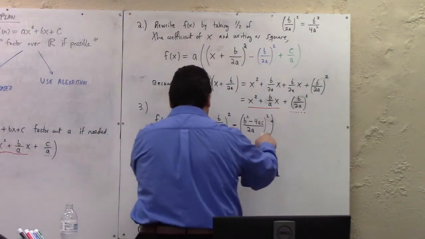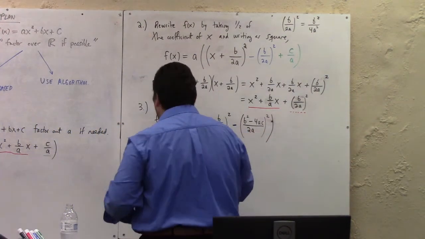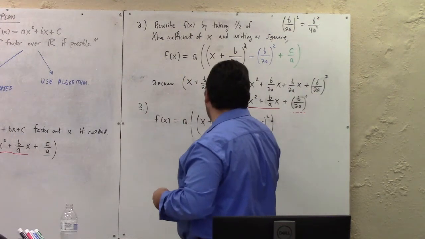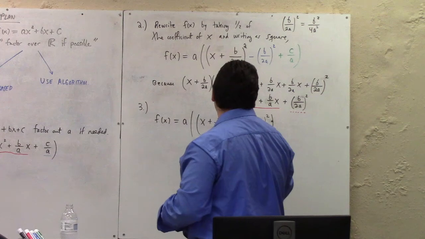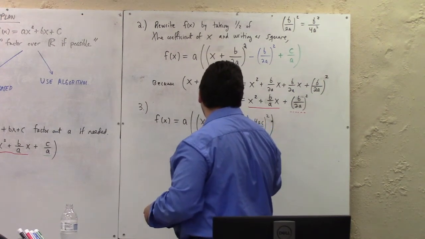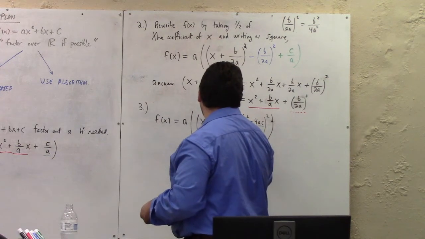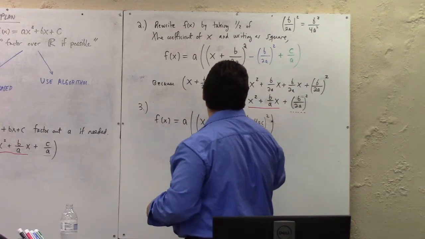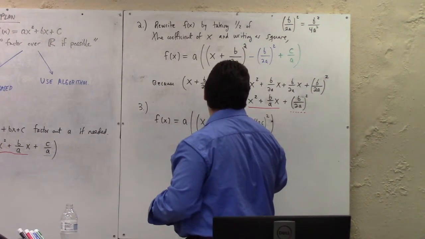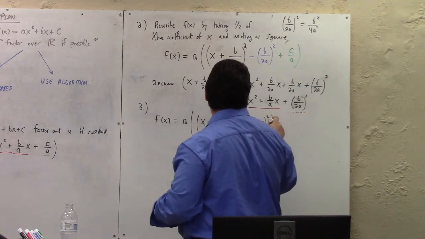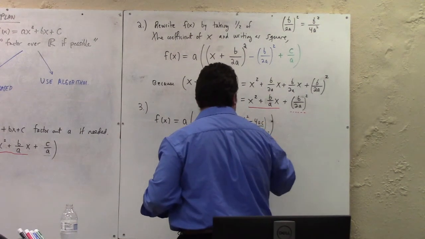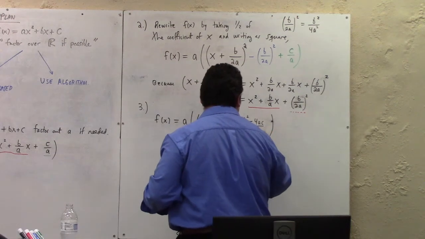So then the point is, this is a difference of squares. Notice that? This is a difference of squares. So, excuse me, I did something wrong here. That's b squared minus 4ac over 2a squared.